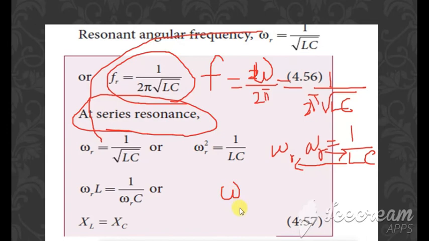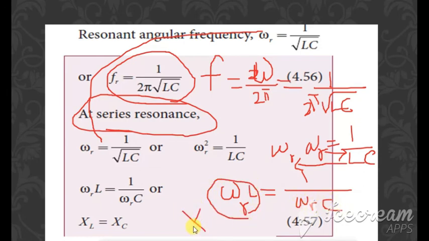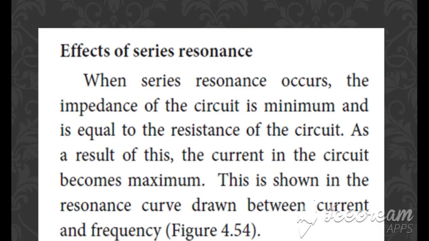So omega r into L is equal to 1 divided by omega r into C. Omega L, what is this value? That is equal to XL, which is equal to 1 by omega C, the value which is XC. So XL is equal to XC. Clear?